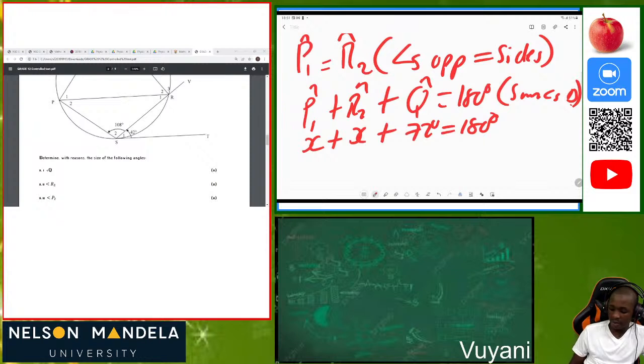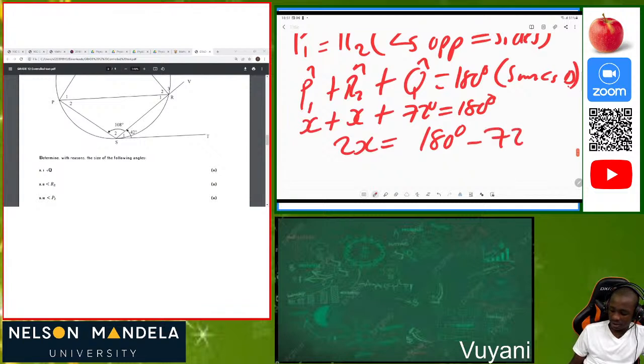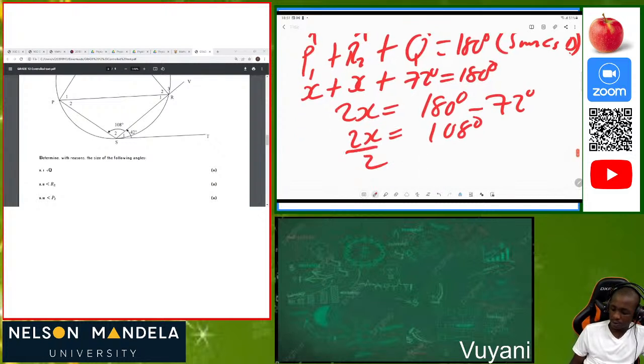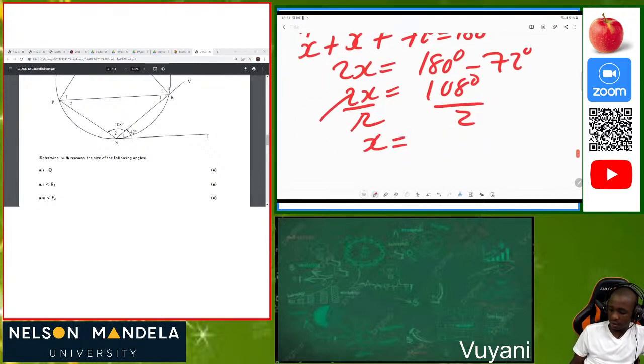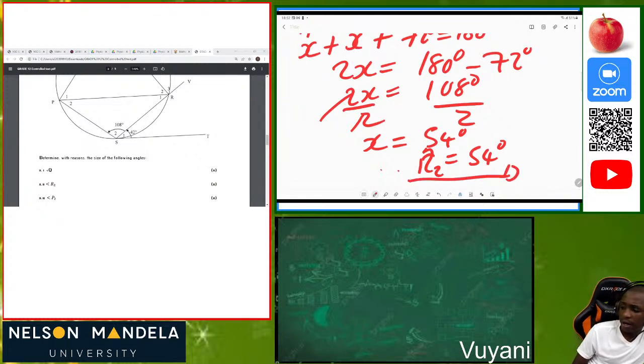So we end up with 2x is equal to 180 degrees minus 72 degrees. Then 2x is equal to 108, divided by 2. Then x will be equivalent to 54 degrees. So therefore our angle R2 is equal to 54 degrees.